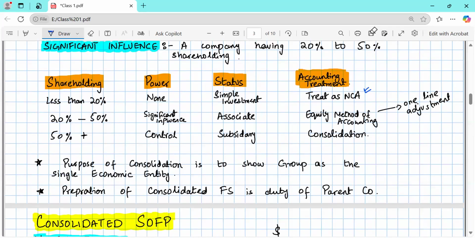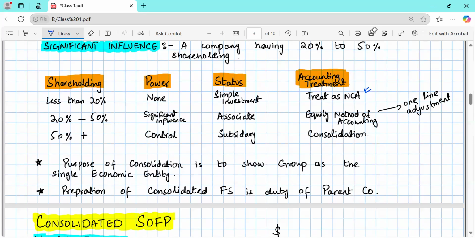Or you can say that you will show group results, how the statement of financial position of the group looks like, how the statement of profit or loss of a group looks like. So purpose of consolidation is to show the group, which means company A, company B, that you have a control over, as a single economic entity. Okay.